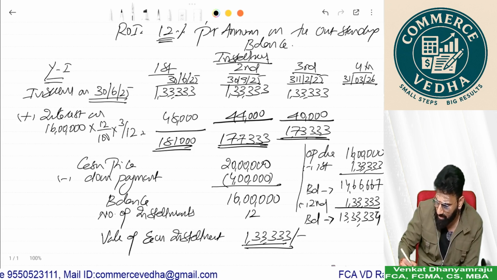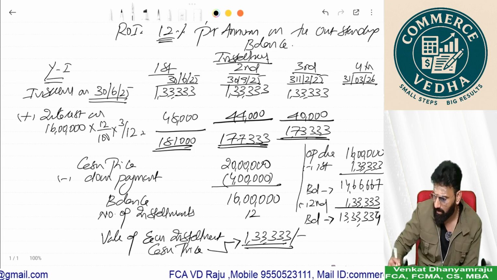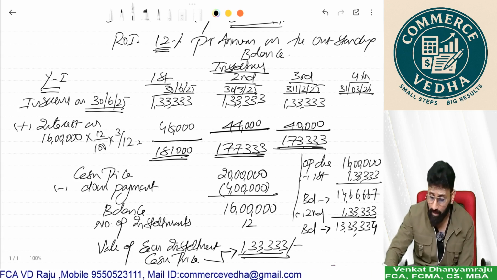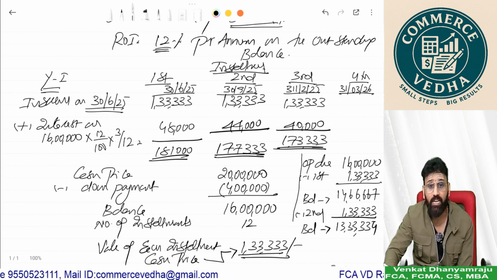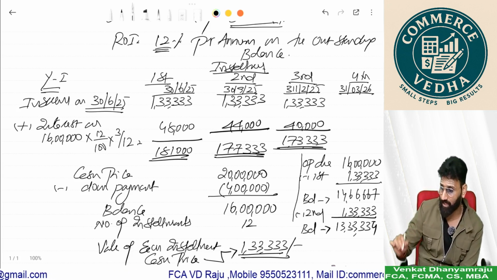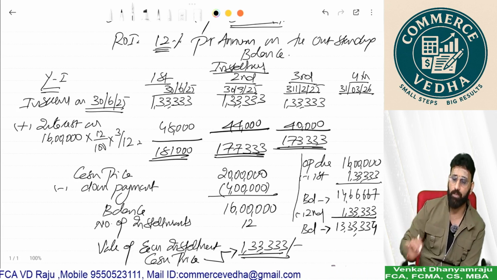See here, number of installments. This is value of installment of cash price, and this is cash price plus interest. For every installment, we are adding interest back, because we have given cash price, we have given interest, and we were told that you compute interest on the installments.